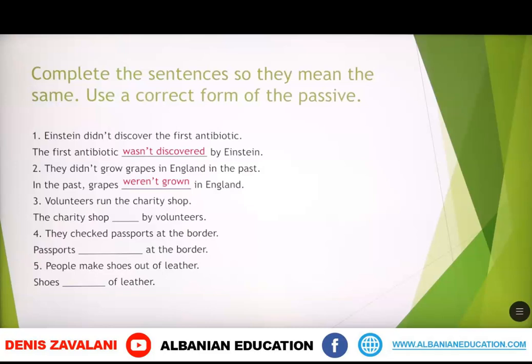That is to say, the charity shop is run by volunteers. Number 4, they checked passports at the border. So this implies that passports were checked at the border.